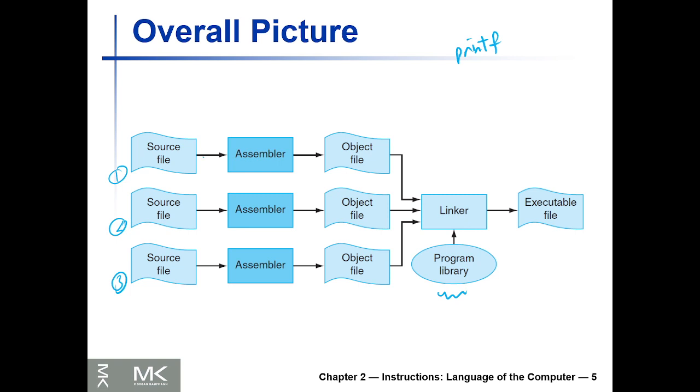So the assembler will convert, let's assume all of them are assembly, each one into zeros and ones. So you're gonna assemble the first file, the second file, the third file. Of course, you can do this in parallel. That's one option in many compilers. And we'll convert each source file into an object file.